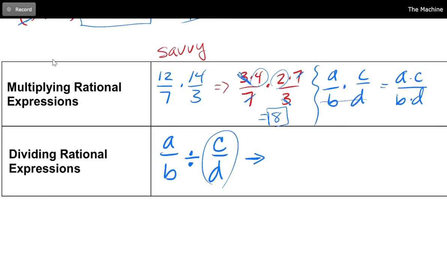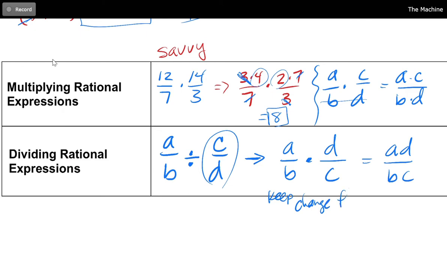So I'm going to take it and make it A divided by B, multiplied by D over C. So then I'm going to get AD divided by BC, provided that you simplify first before you multiply those pieces together. So never divide by a fraction, multiply by the reciprocal of the divisor. Maybe you memorize something like: keep the first thing, change the sign to multiply, then flip the bottom one.